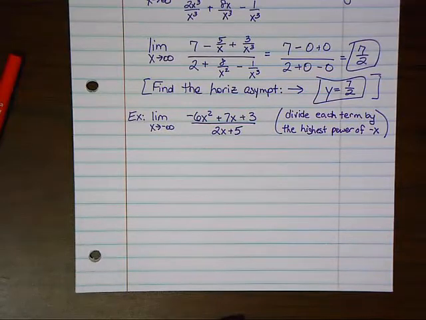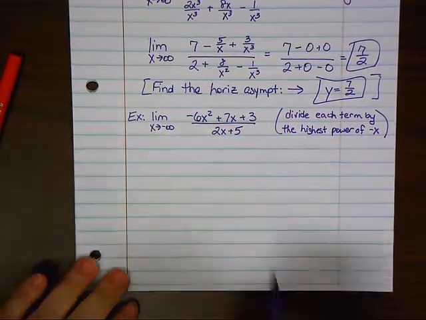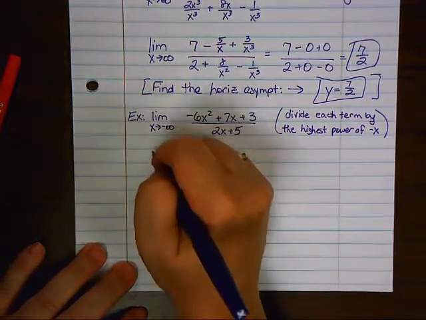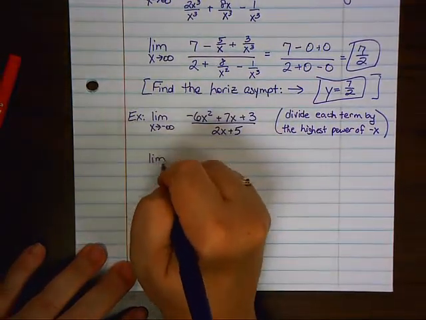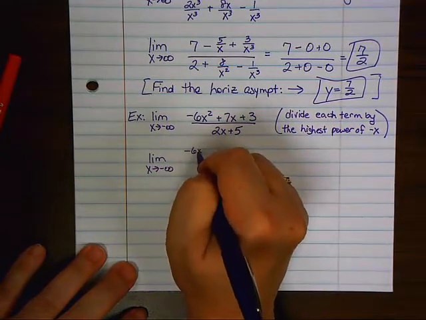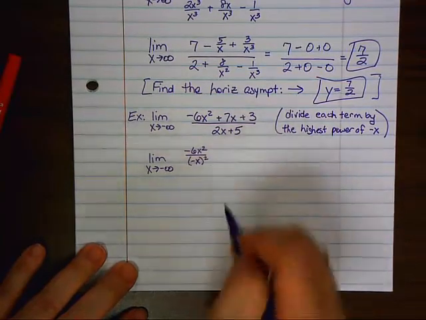So what does that mean? That means that on the bottom of the fractions, you're not going to put x squared, x to the third, whatever. You're going to put negative x squared, negative x to the third, whatever the power is. What is the highest power here? It's x squared. So when we write this, we're going to do limit as x approaches negative infinity of negative 6x squared over parentheses negative x squared, like so.